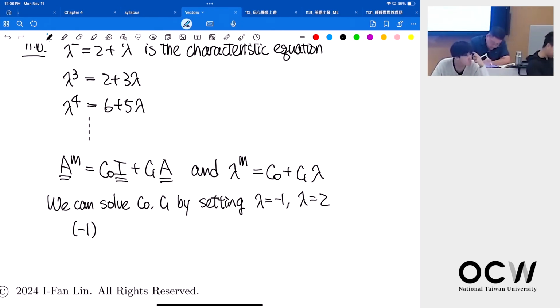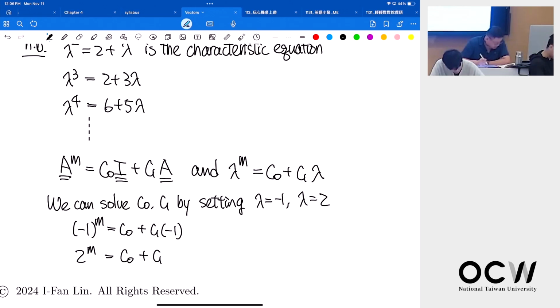So minus 1 to the m will be c0 plus c1 times minus 1. 2 to the m will be c0 plus c1 times 2.